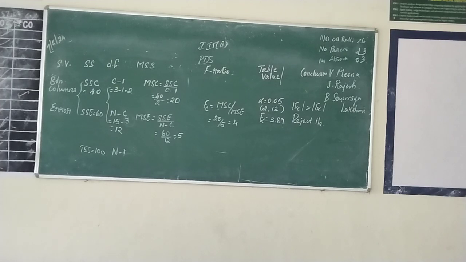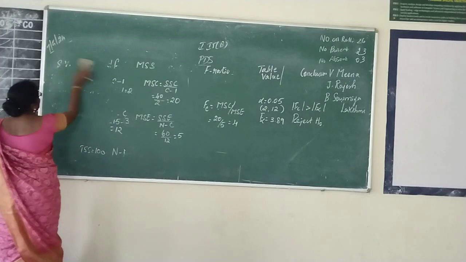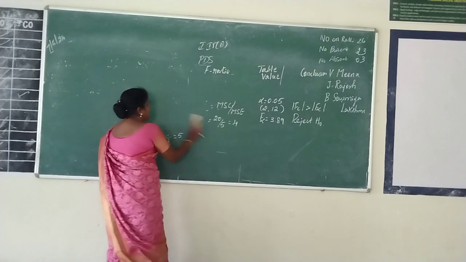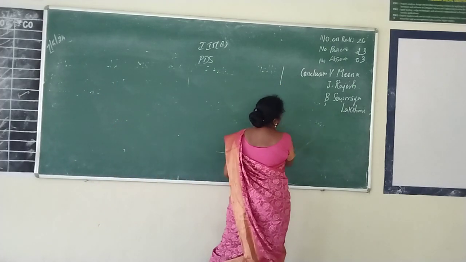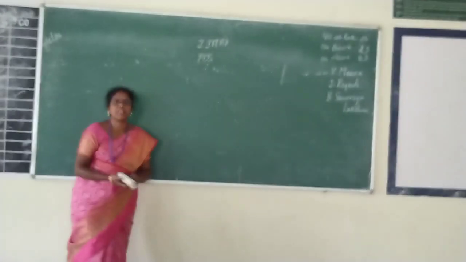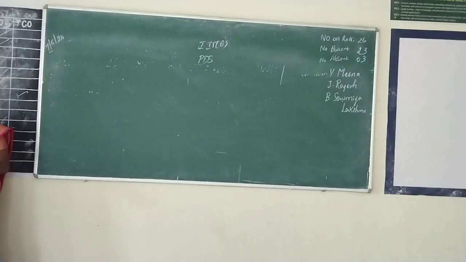Second assumption: there is no significant difference between rows. H1: there is a significant difference between columns. There is a significant difference between rows. Two assumptions.